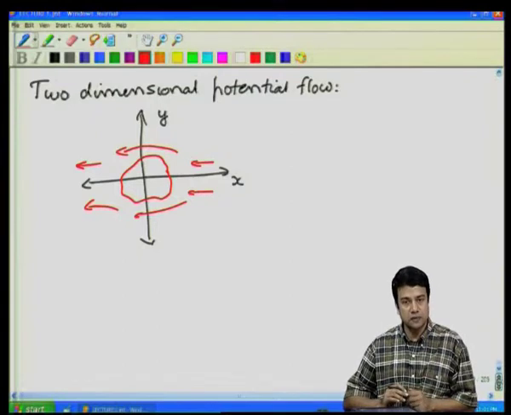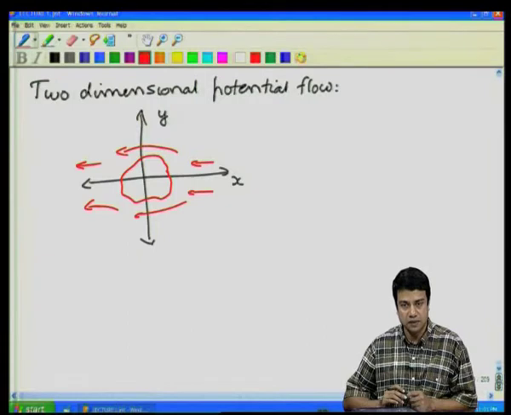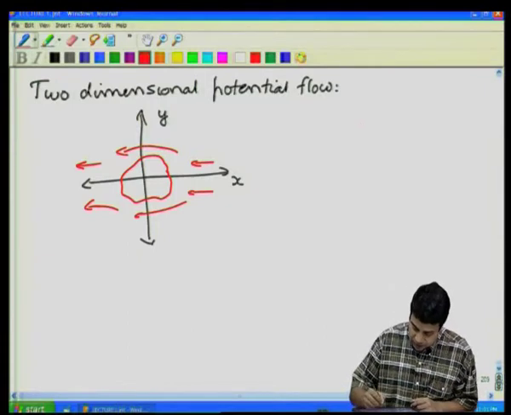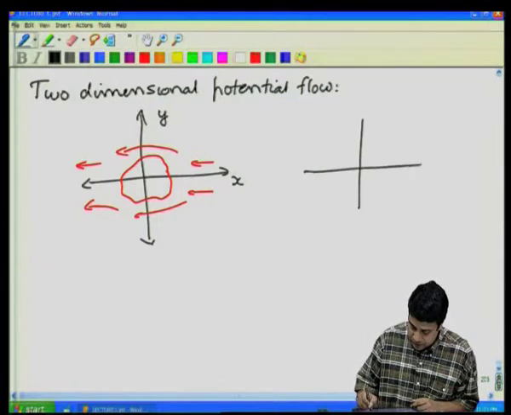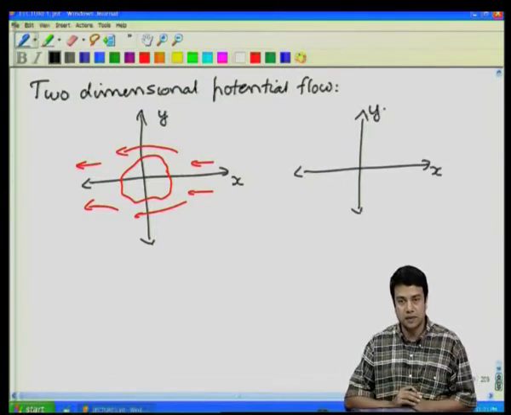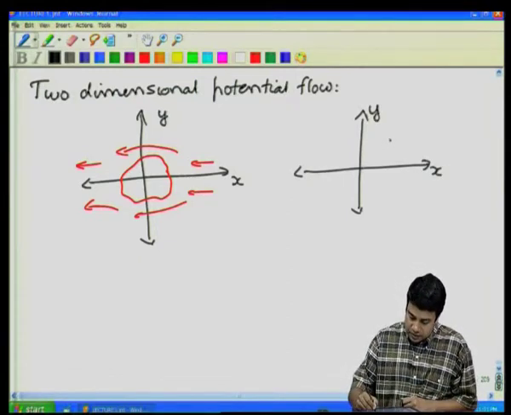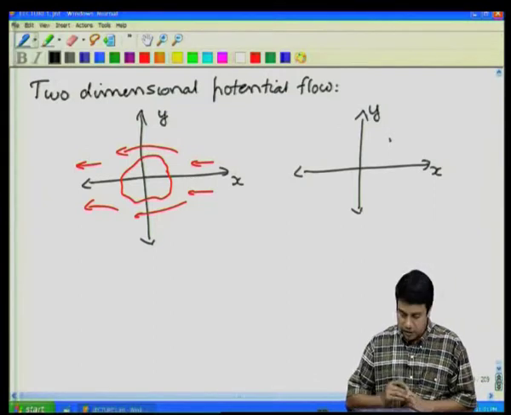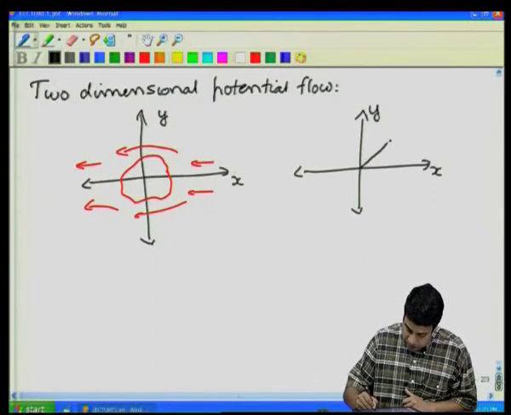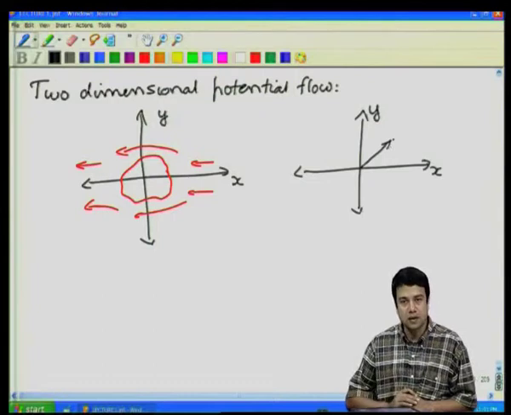So, we are looking for flows that satisfy the potential flow equations in this two-dimensional plane. And if you recall, we had started the discussion in the previous lecture. Rather than work separately in the x and y coordinate, we can consider some point in this plane as simply representing a complex number in the complex plane.